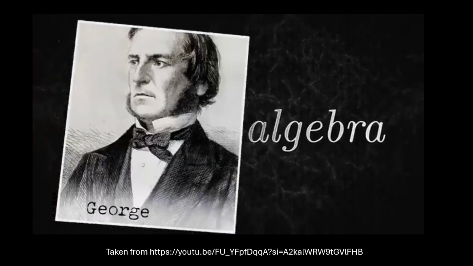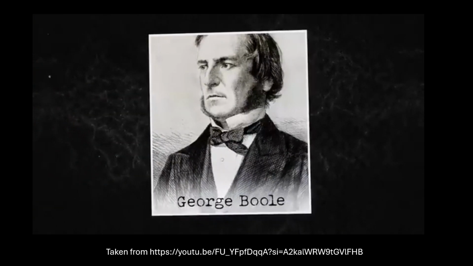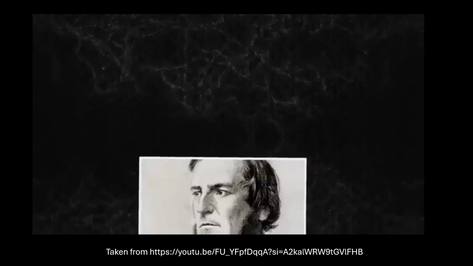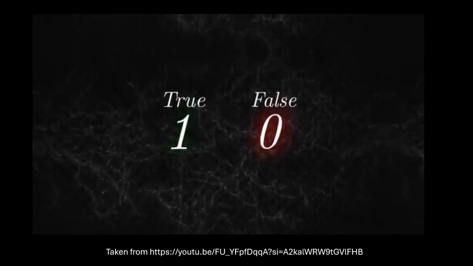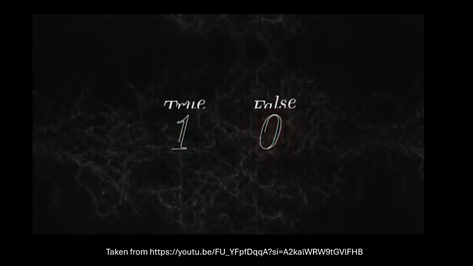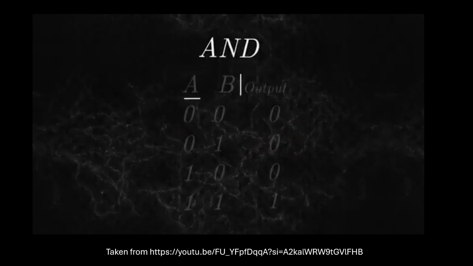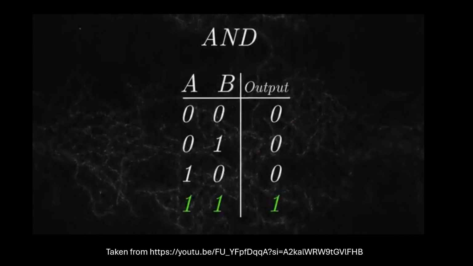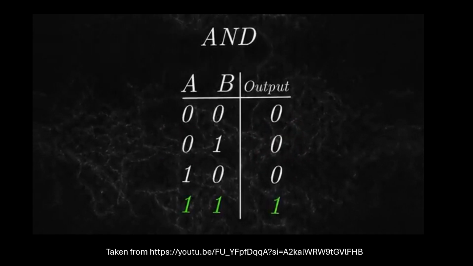Working in the mid-1800s, George Boole was trying to find a mathematical foundation for logic. Under his system, a true statement was represented as a 1 and a false statement as a 0. And Boole also developed a few operations, like AND. If both statements A and B were true, then the output would also be true.